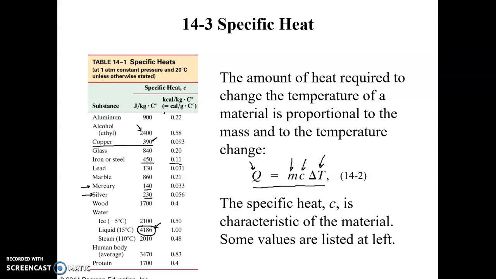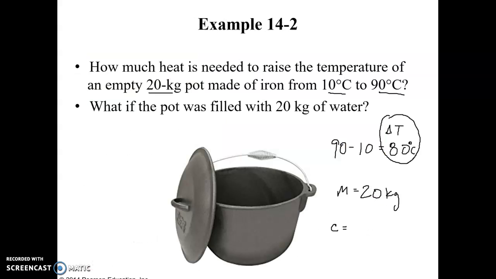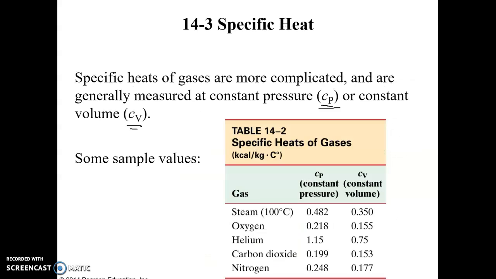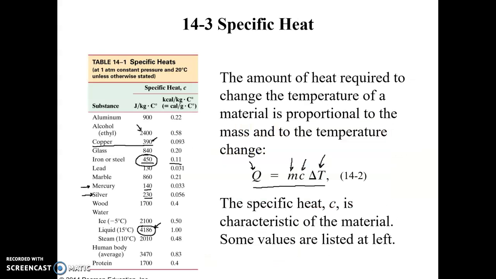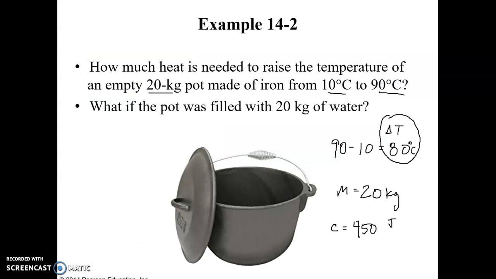So let's just go ahead and do it in joules, how many joules of energy it will take, and that's going to be 450 joules, let's double check the units there, joules per kilogram degrees Celsius.